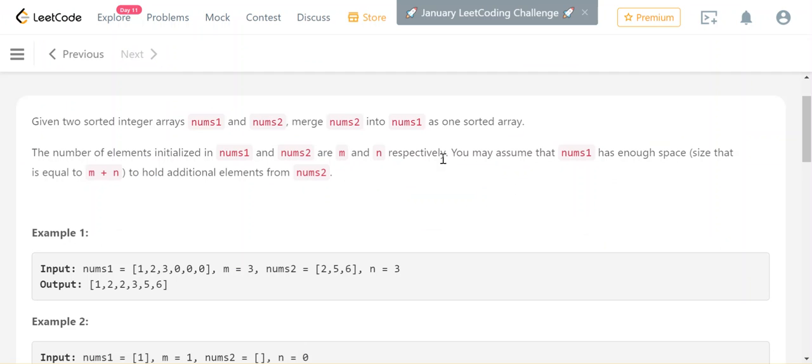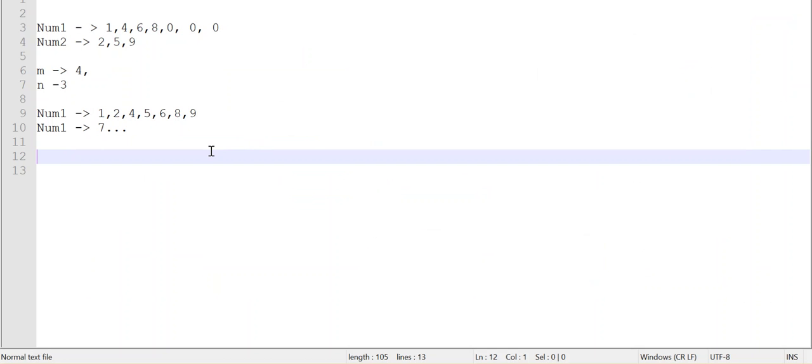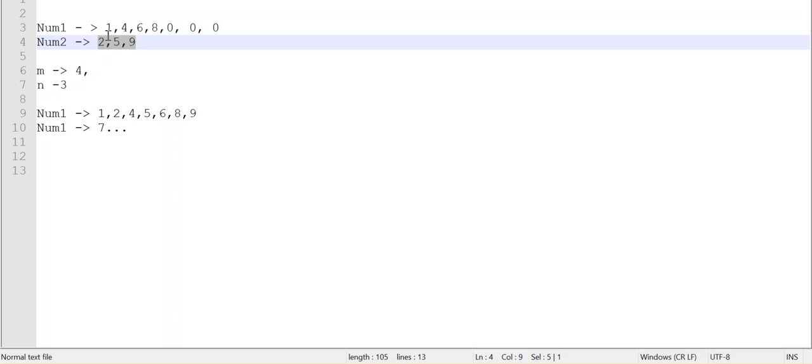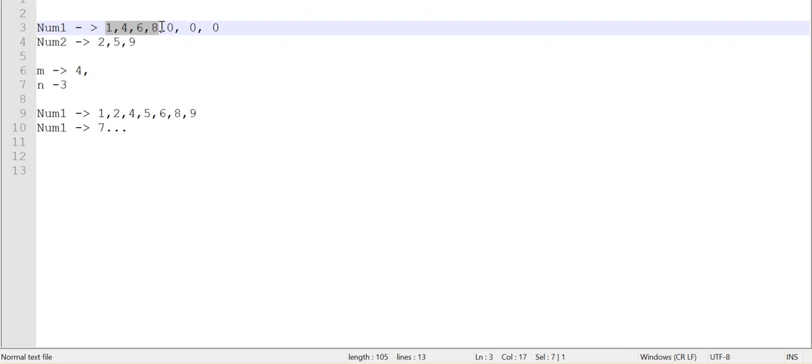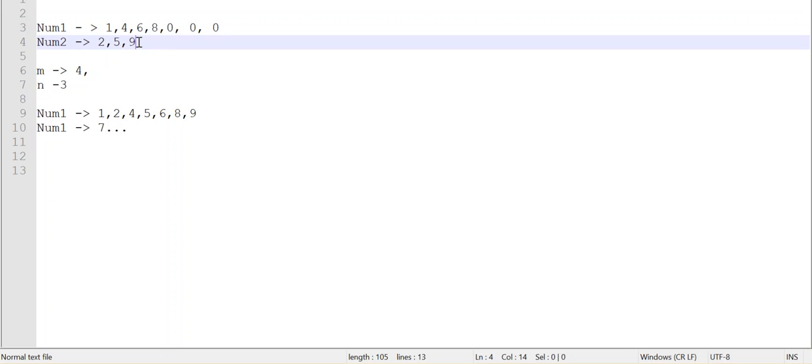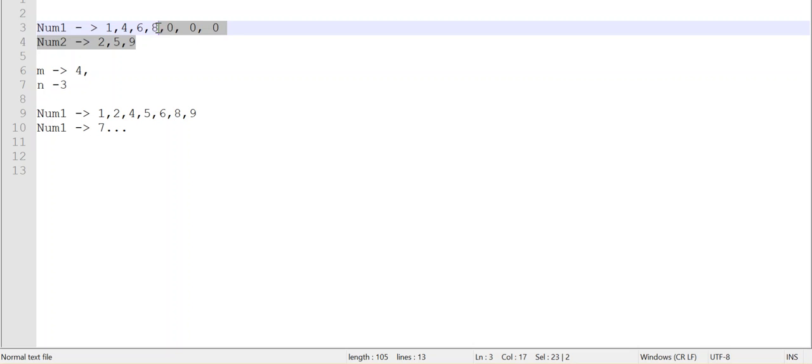If we look at it, the very important hint given here is that nums1 and nums2 are already sorted. So if these two are already sorted, that means these two values, 9 and 8, will be the highest in their respective arrays.